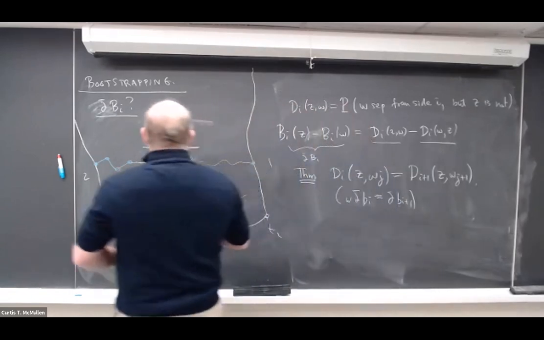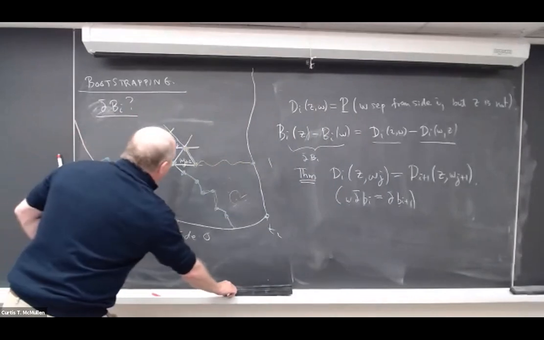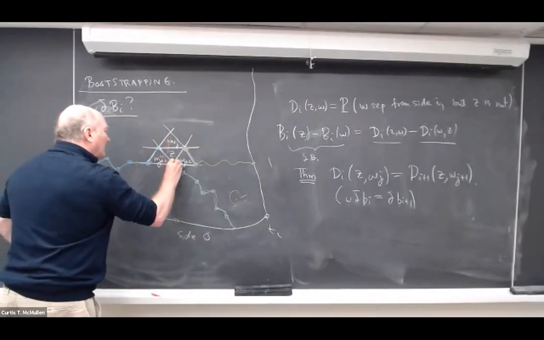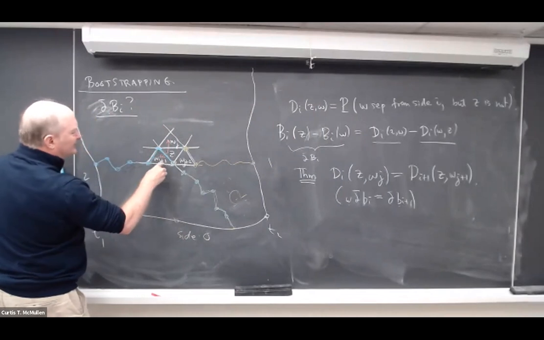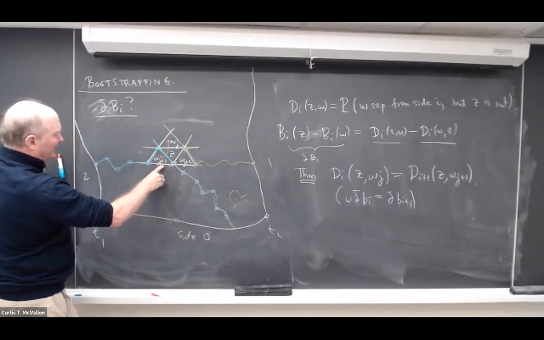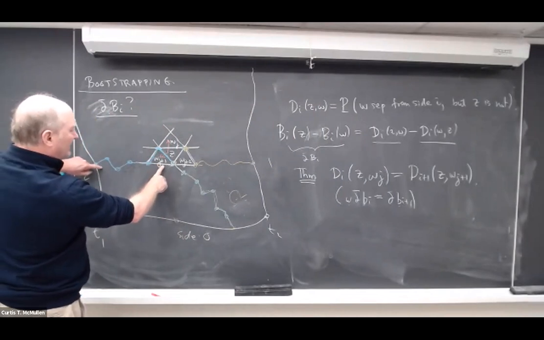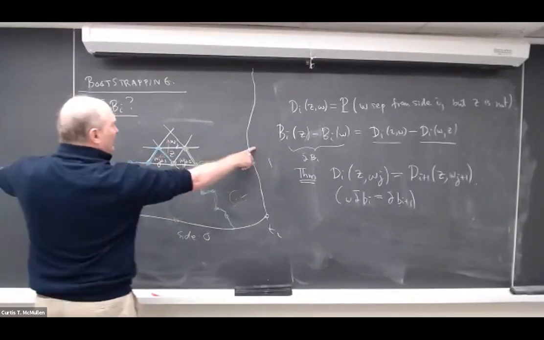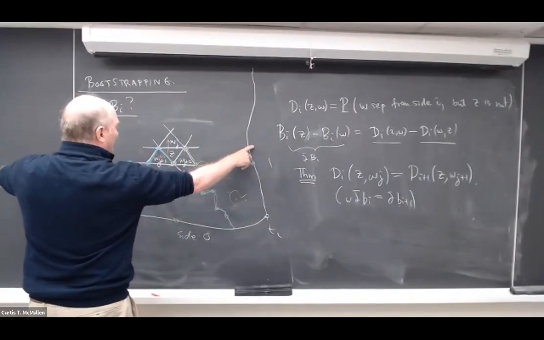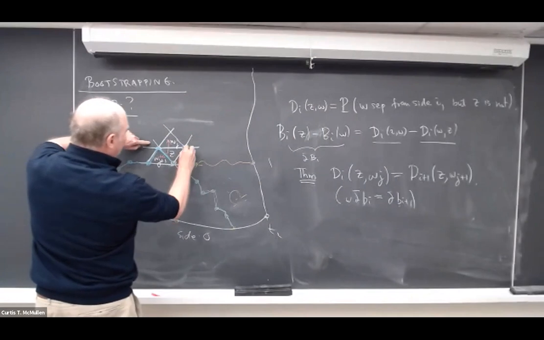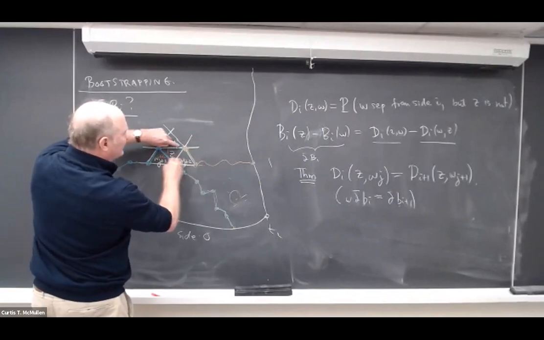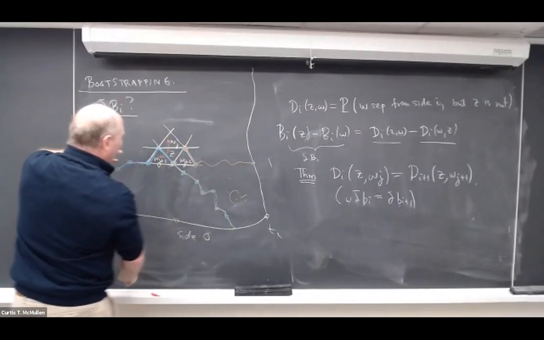And now what do we have? What we have is a blue path which separates WJ plus 1. And it doesn't separate it from side 0 anymore, it separates it from side 1. And on the other hand, we have this yellow path which joins Z to side 1.